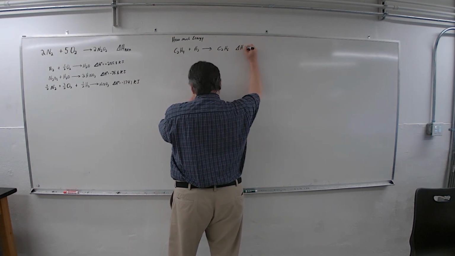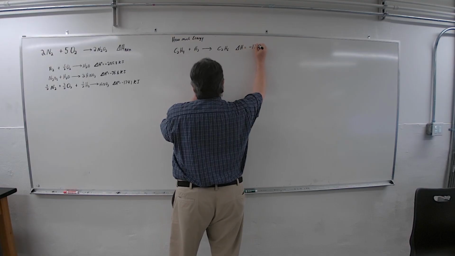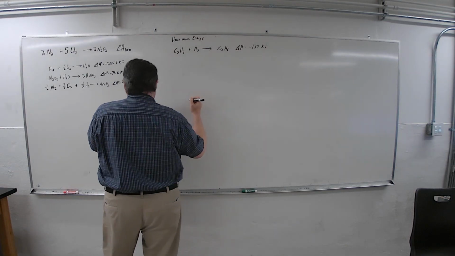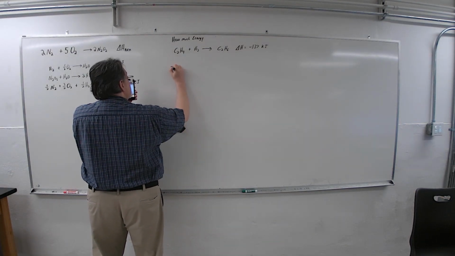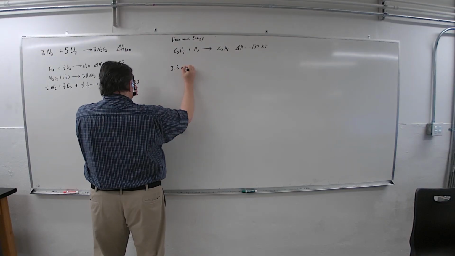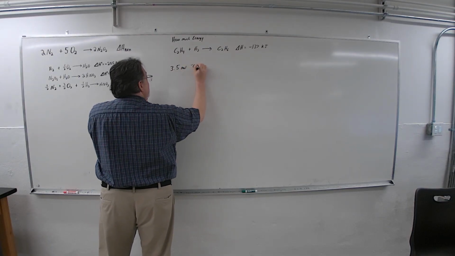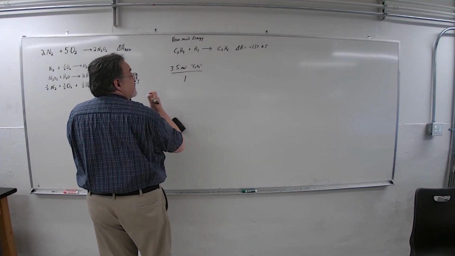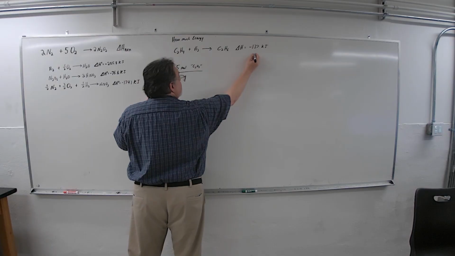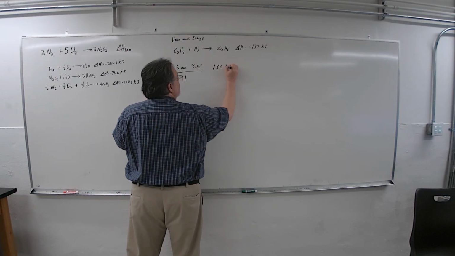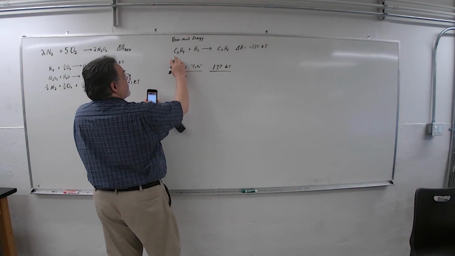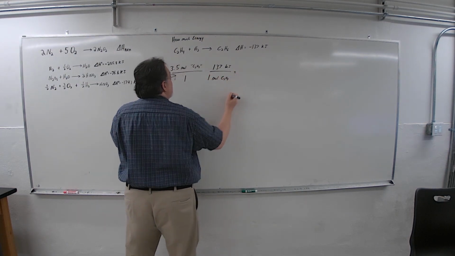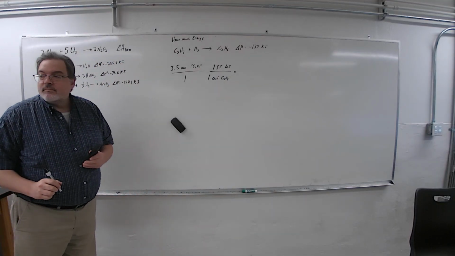Delta H equals negative 137 kilojoules. How much energy is released when 3.5 moles of C2H4 reacts? And all you need here is the absolute value, 137 kilojoules for every 1 mole. That should give you the answer to that one.